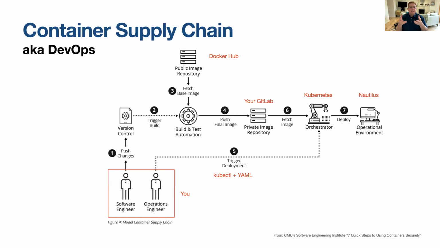This is the basic workflow for that process. So you're down in the lower left, you're the software engineer, the operations engineer. And if you look at the top, you'll see Docker Hub. You go and you find what it is that you want to do up here in this public image repository.